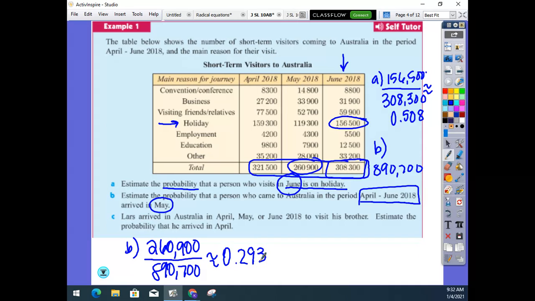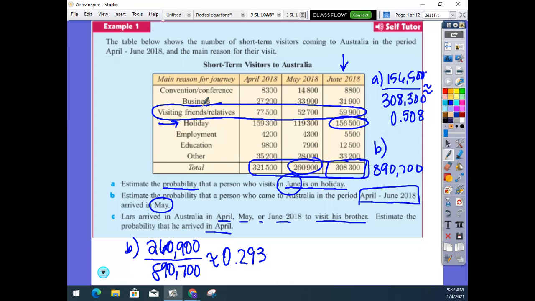Okay. Lars arrived in either April, May, or June, so that sounds pretty goofy. What's the probability that he arrived in April? All right. So he's visiting his brother. So this is the visiting friends or relatives.